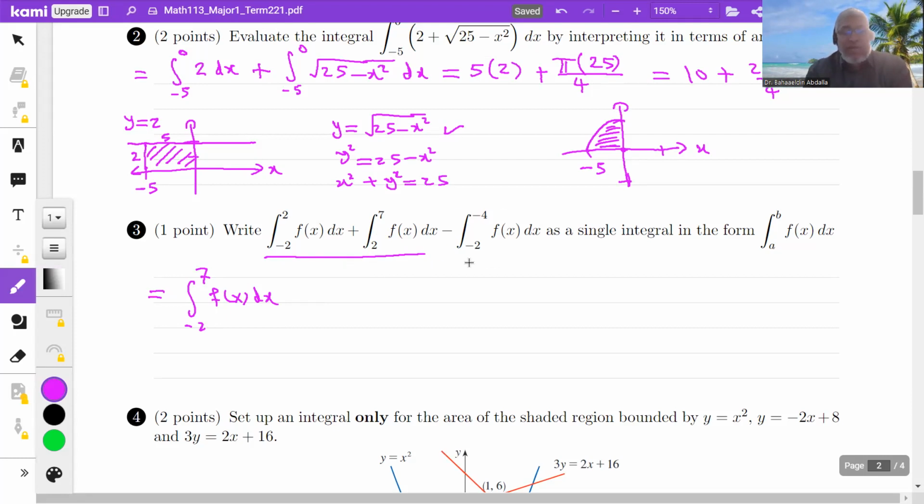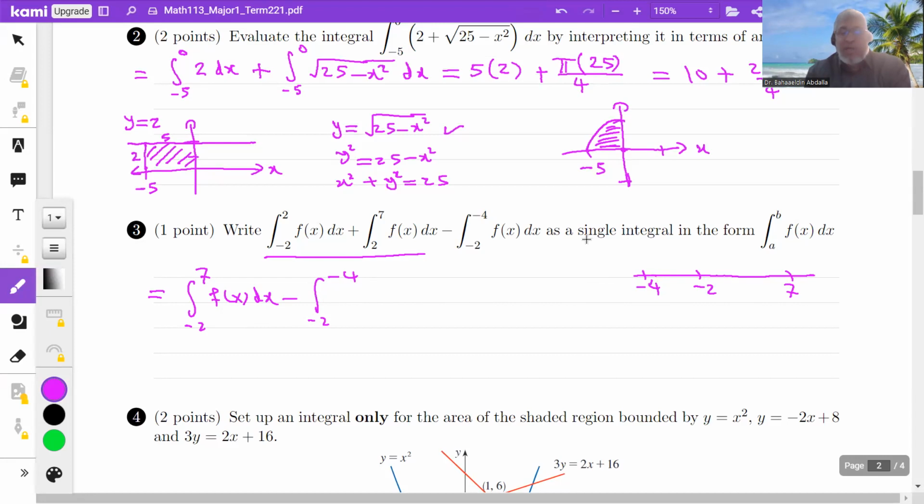And now we have this integral, which is from -2 to -4. Well, I need -2 to be here, down and up. Also, if you want, you can sketch something like this. The first integral is from -2 to 7, while the second integral is from -2 to -4, so -4 is here.